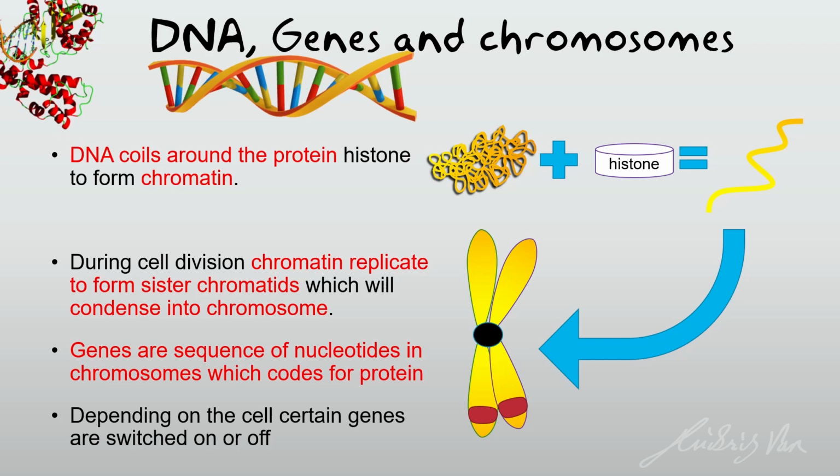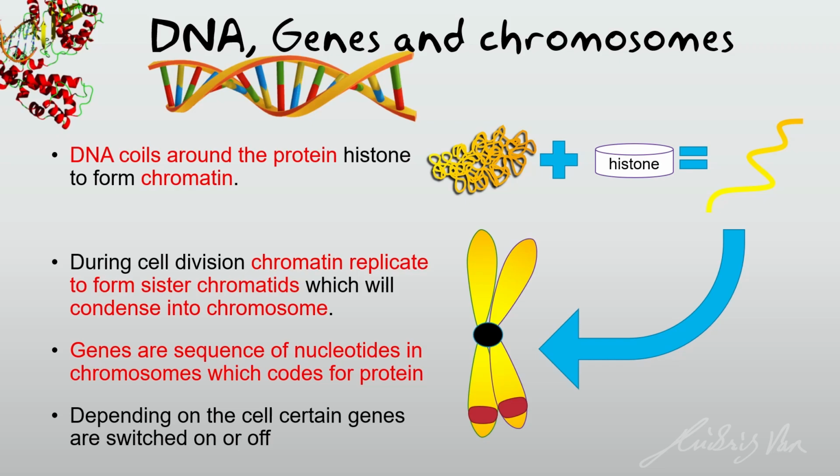That means in your stomach, your pepsin gene will be switched on, but in your small intestine, your pepsin gene will be switched off, and instead your peptidase gene will be switched on.